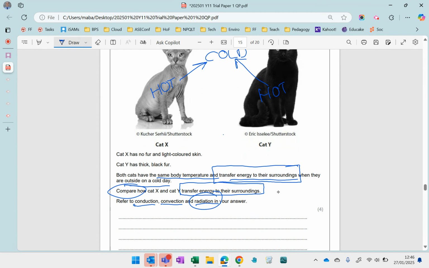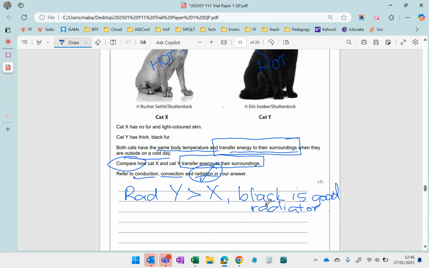So for radiation, there's more infrared radiation in cat Y. So the radiation from cat Y is greater than cat X, and the reason why is because black is a good radiator. Okay, and that's it. We've done radiation: we've compared the two cats, and then we've given a reason why.